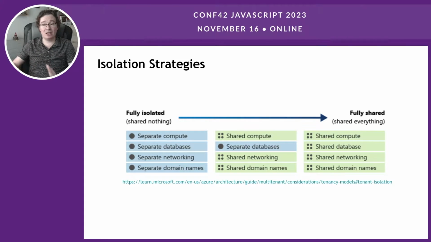In the middle, you can have also a hybrid model where you share only a few of these resources. You have to pick the best strategy, but this is not only based on your own needs. This will also be based on your tenants' needs. For example, compliance, GDPR. So this is something you really need to consider and pick the better strategy for that.